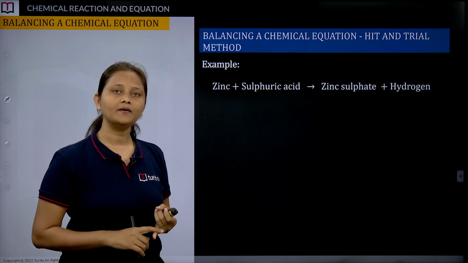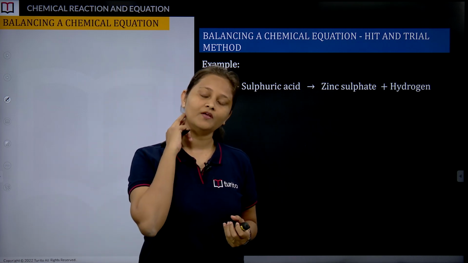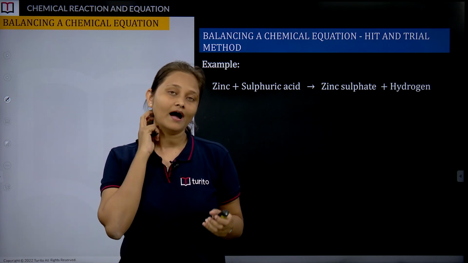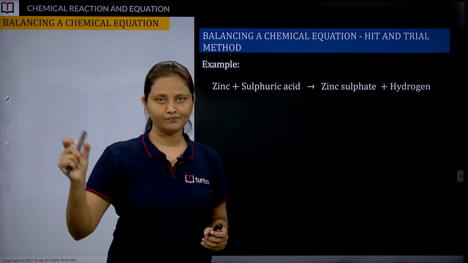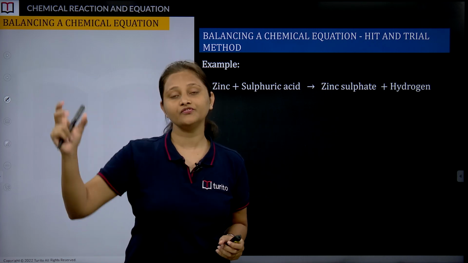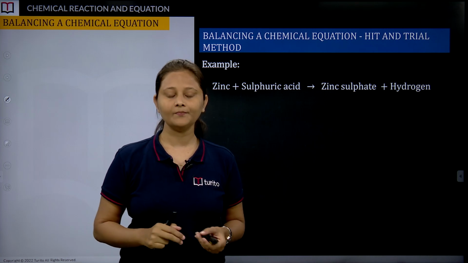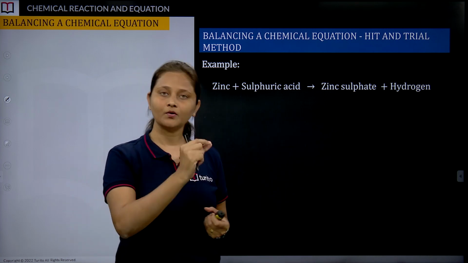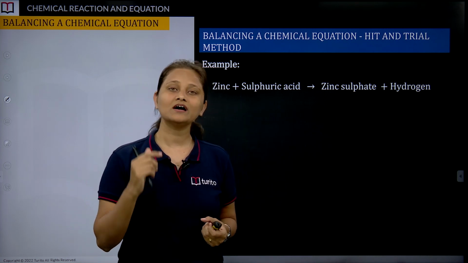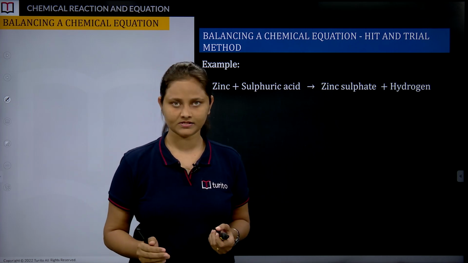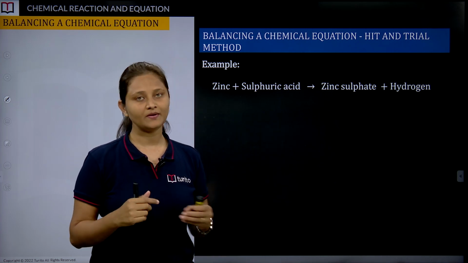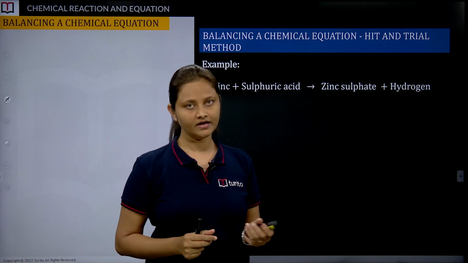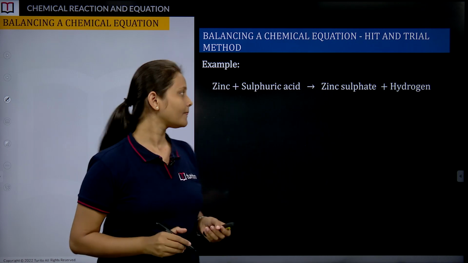Sometimes they will ask you, if zinc is reacting with hydrochloric acid, what is happening, maybe in question format. Or sometimes they will give you a proper equation which is unbalanced, which we need to balance. We are going to see some examples through which we will learn balancing of chemical reactions.